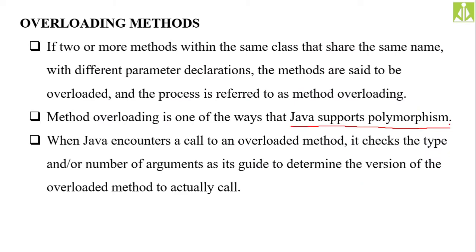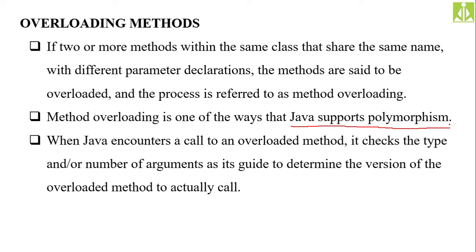If two or more methods within the same class share the same name with different parameters, the methods are said to be overloaded. It is a very simple concept. We are going to have more methods within a single class with the same name but with different parameters.